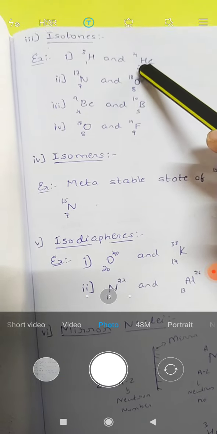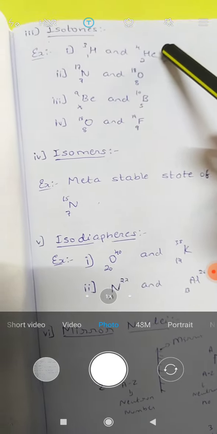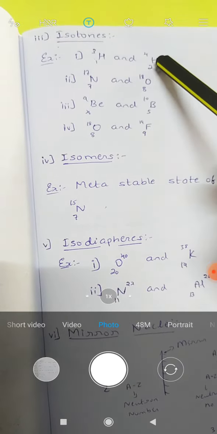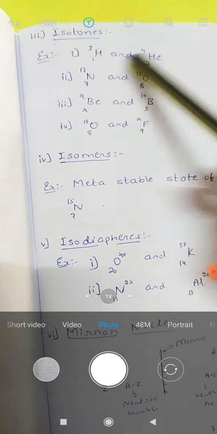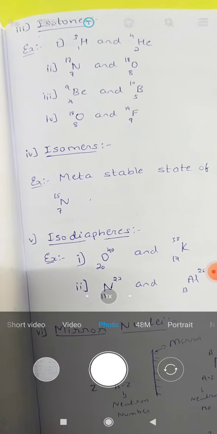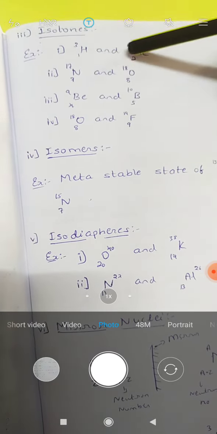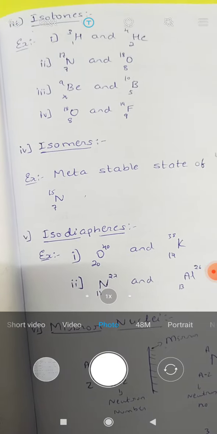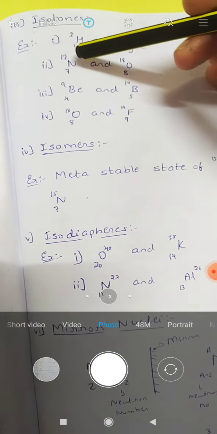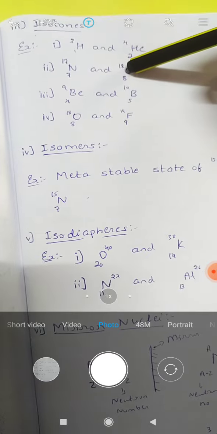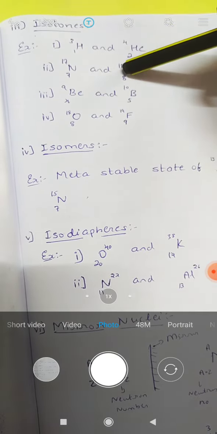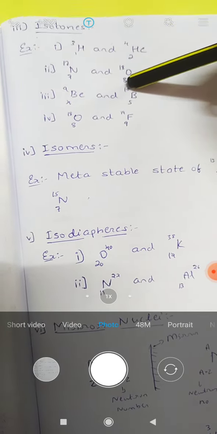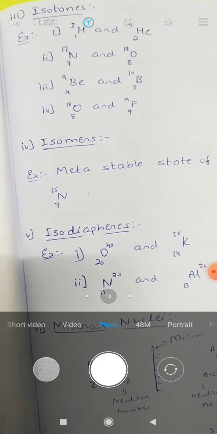So 4 minus 2 is the same, 2. In case of hydrogen and helium, both atoms consist of the same number of neutrons. So helium and hydrogen are known as isotones. Similarly, nitrogen and oxygen, these two are examples for the isotones.